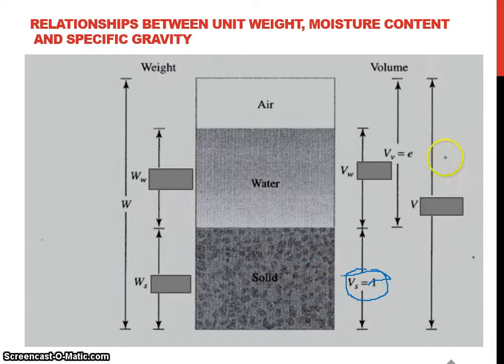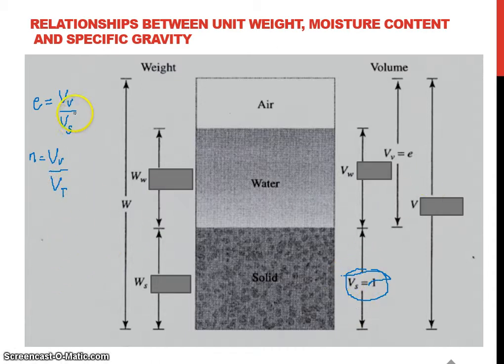Automatically, if you still remember, Vv over Vs is the void ratio. We already learned Vv over Vs and previously Vv over V total. They are siblings.